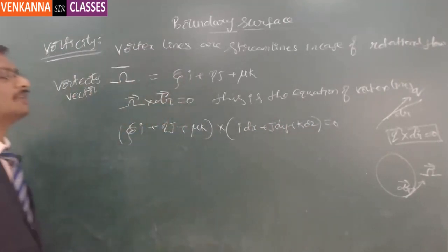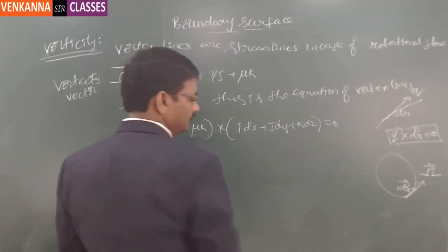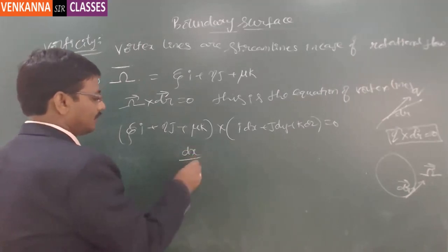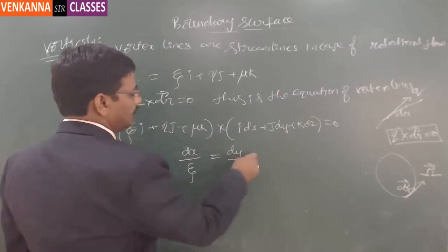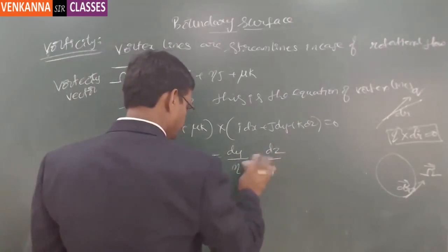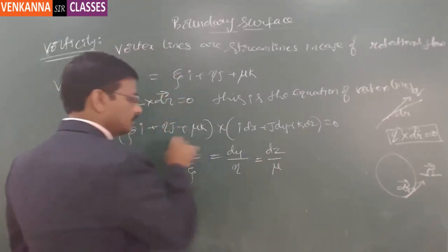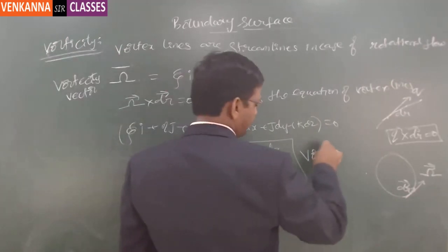Now if you simplify this equation, the way we have done in case of streamlines, this will be dx by xi equal to dy by eta equal to dz by mu. So this is the vortex lines equation.